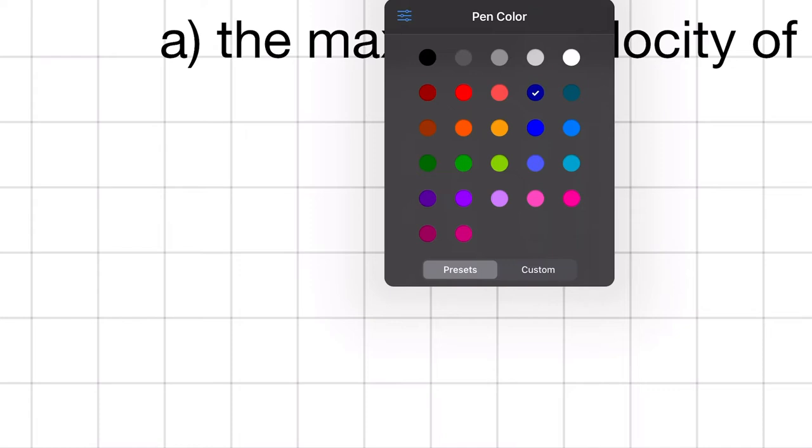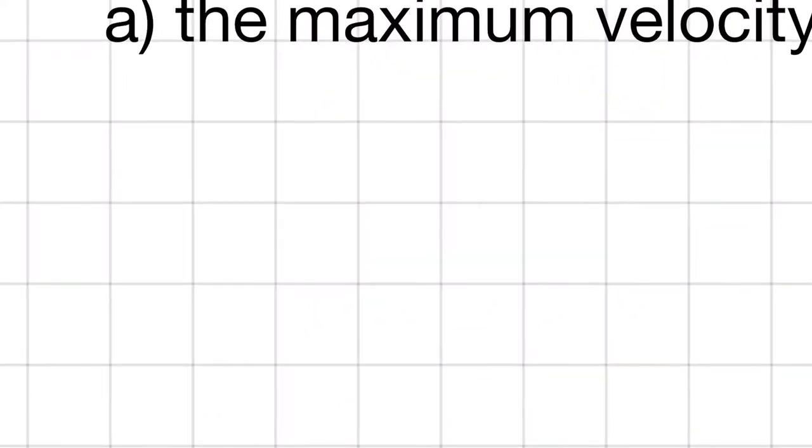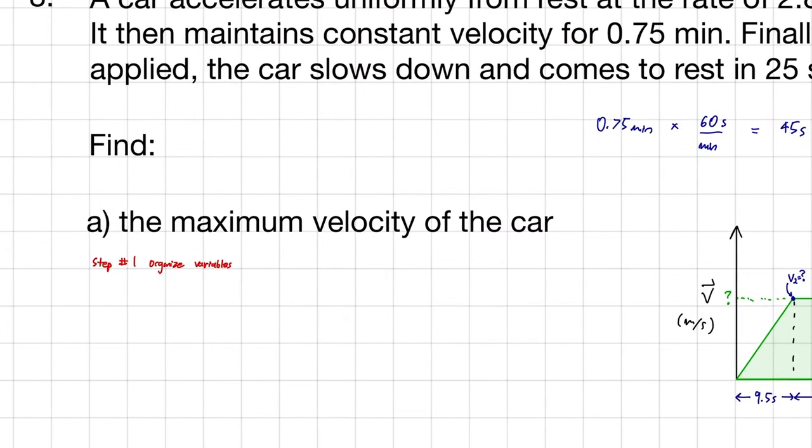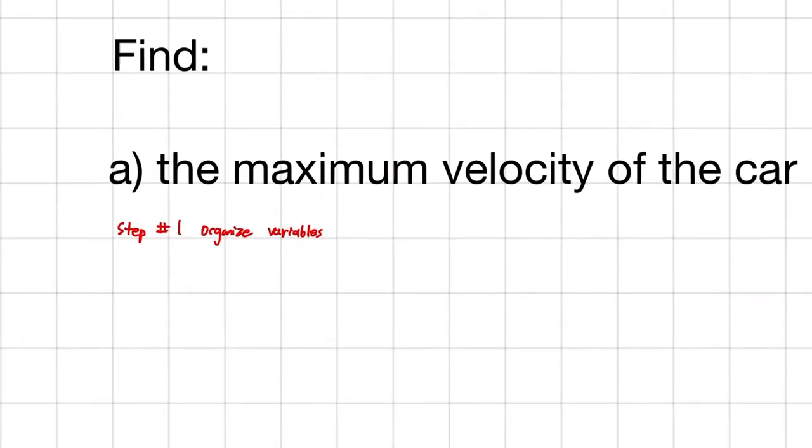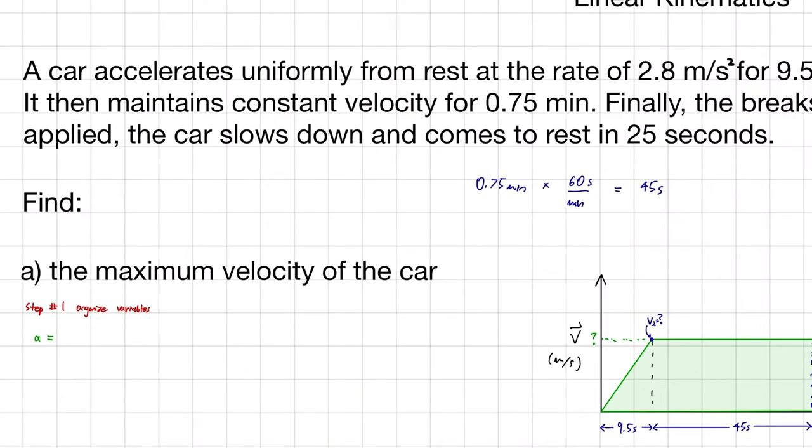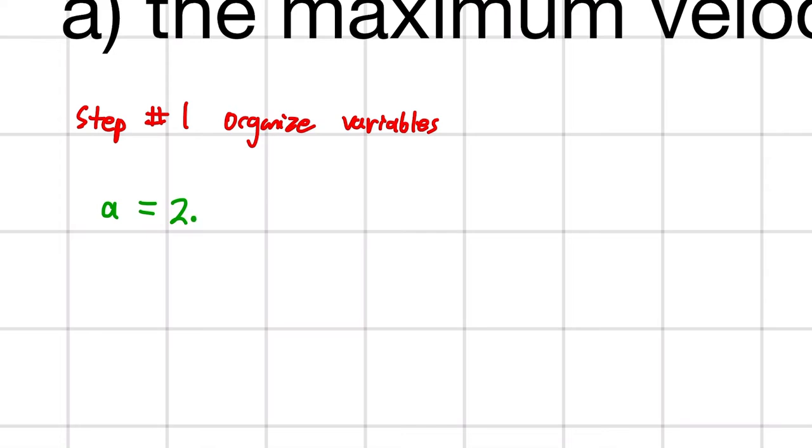So, as with all of our other linear kinematics problems, step number 1 is to organize variables. In the question, we are given an acceleration that is 2.8 meters per second squared.